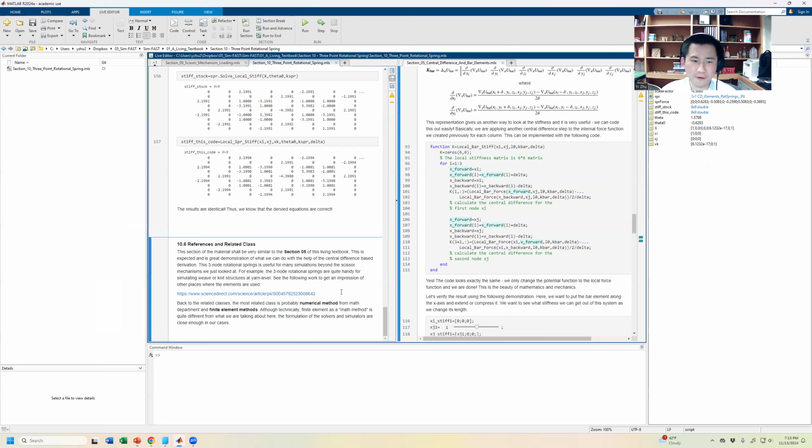So it does not use central difference, honestly. Finite element, the way I understand it, is actually a math method for PDE. So people often treat what I showed you here, lumped parameter models, as some sort of finite element because there are elements in it, but mathematically they're quite different, honestly.